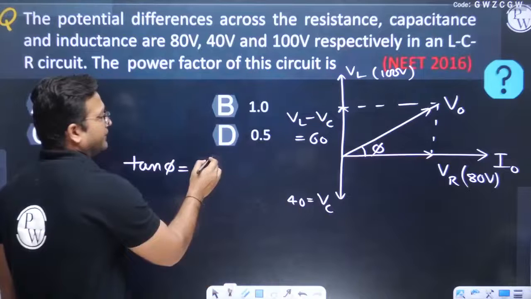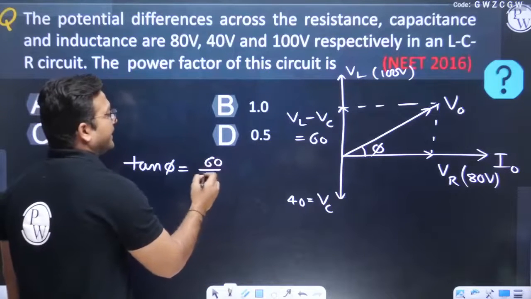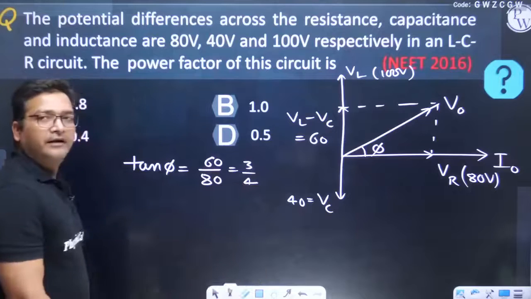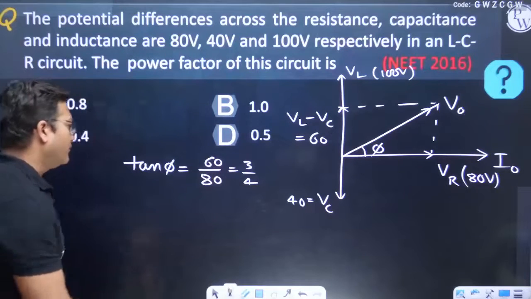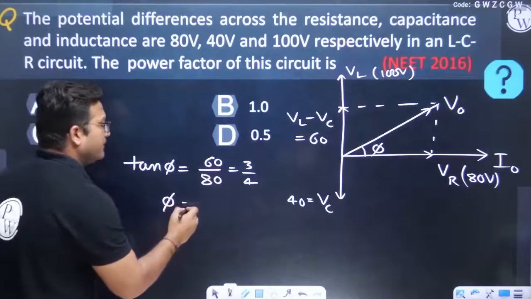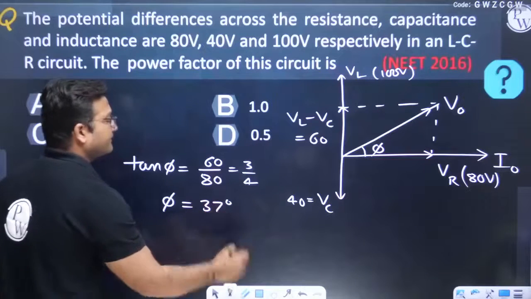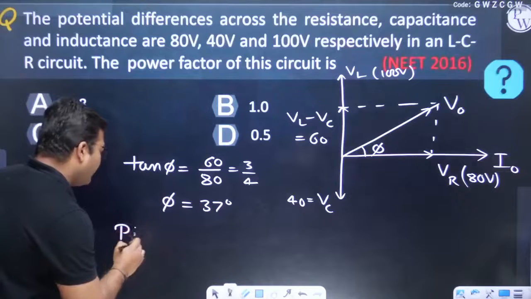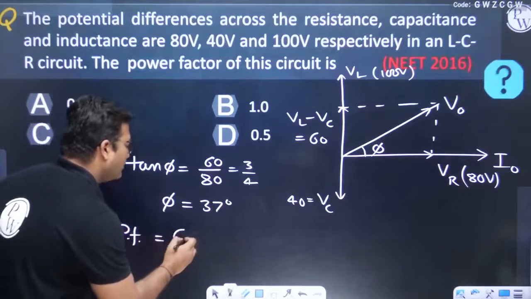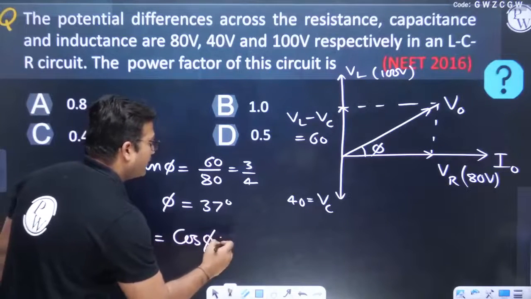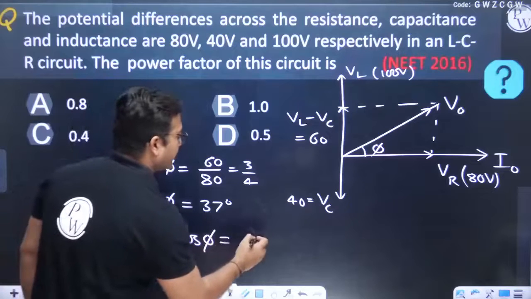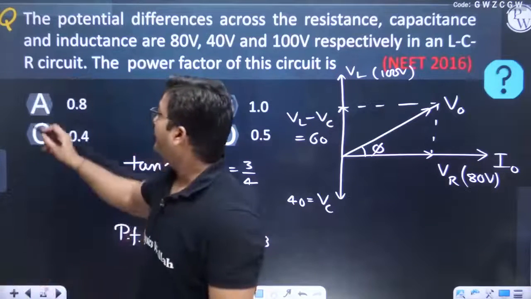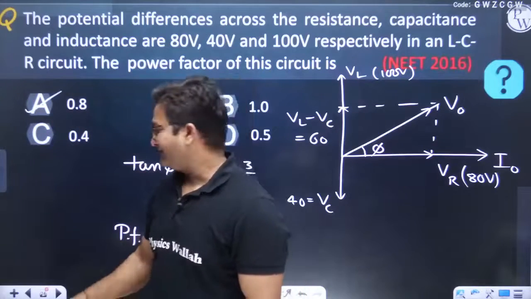So we have 60 by 80, that is 3 by 4. If tan phi is 3 by 4, obviously phi is equal to 37 degree. And if phi is 37 degree, the power factor is cos phi, and cos 37 would be equal to 0.8. So the correct option is A, 0.8.